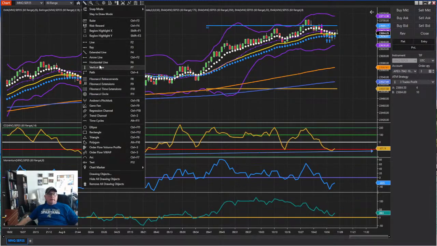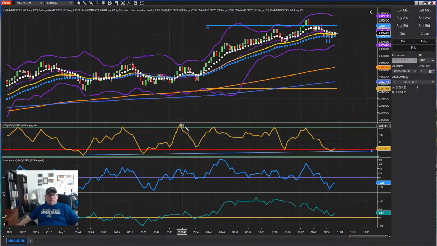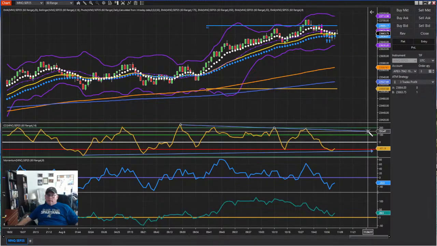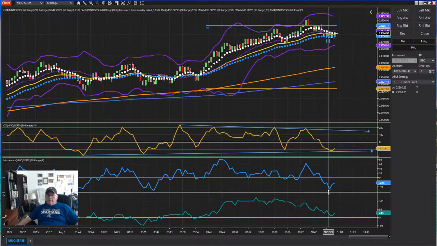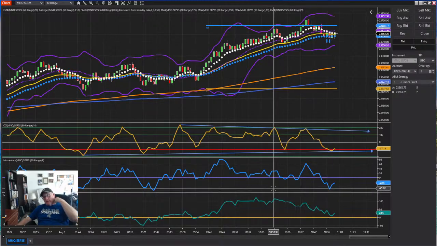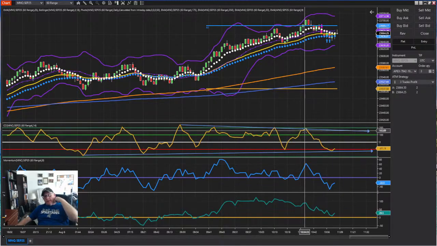On the other side, all that basically held there, although it's showing a little bit more strength to the long.